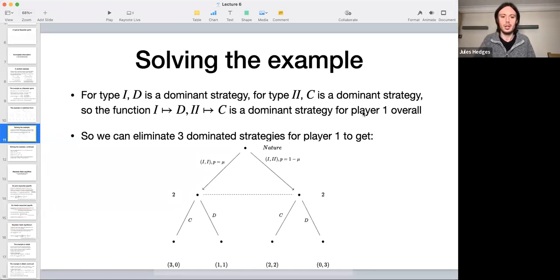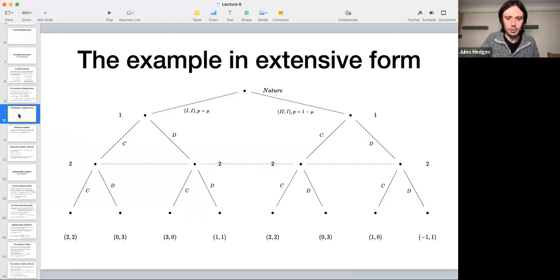What that means is that we can eliminate the three strictly dominated strategies for player 1, and so we can reduce this game to this thing. All I've done here is remove this subtree and this subtree.